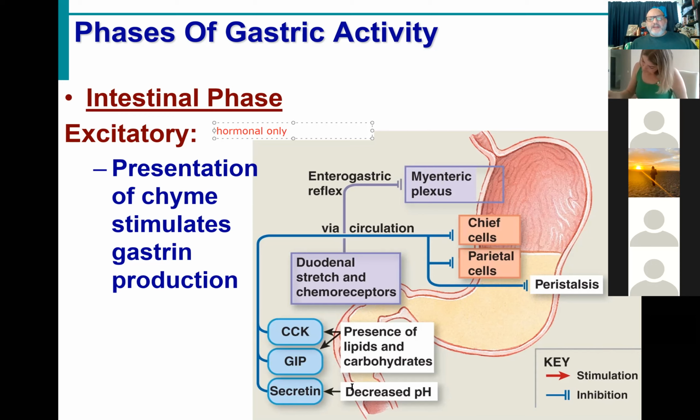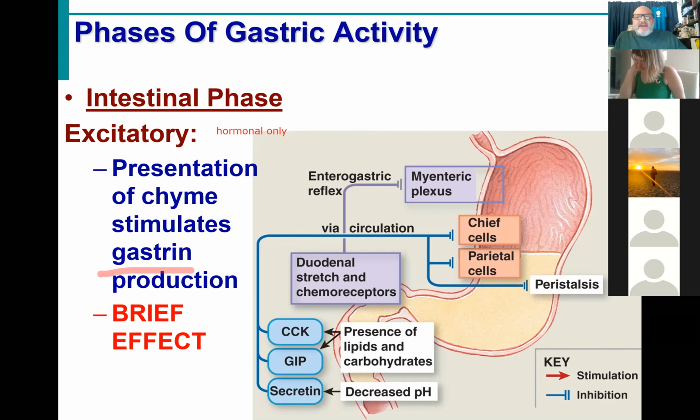Specifically, enteroendocrine cells of our small intestine produce intestinal gastrin, and that intestinal gastrin increases the activity and secretion of the stomach. But remember, this excitatory phase is a very brief effect.